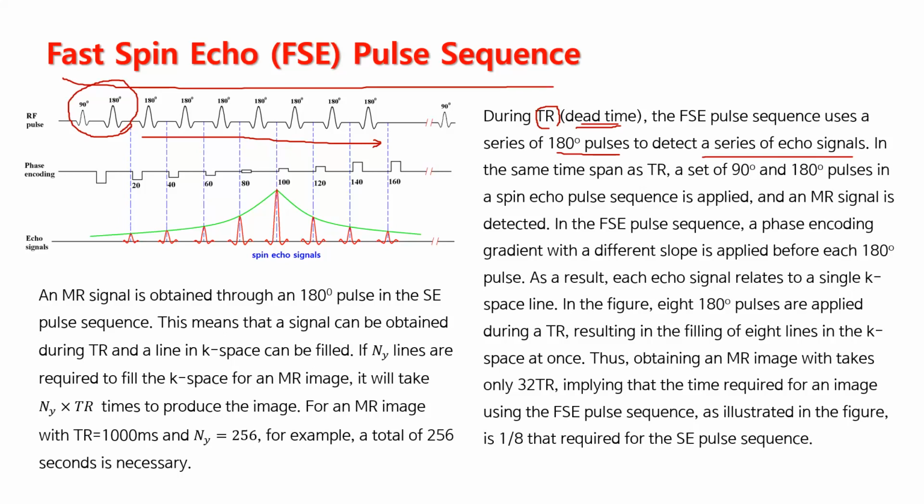So from here to here is TR. If we do not do anything, then this time is just the dead time. Right? Using this dead time, we apply a series of 180-degree pulses. Then we can get a series of MR signals.